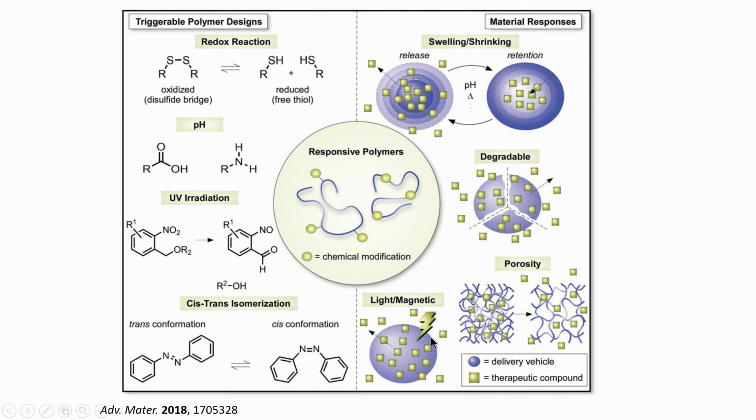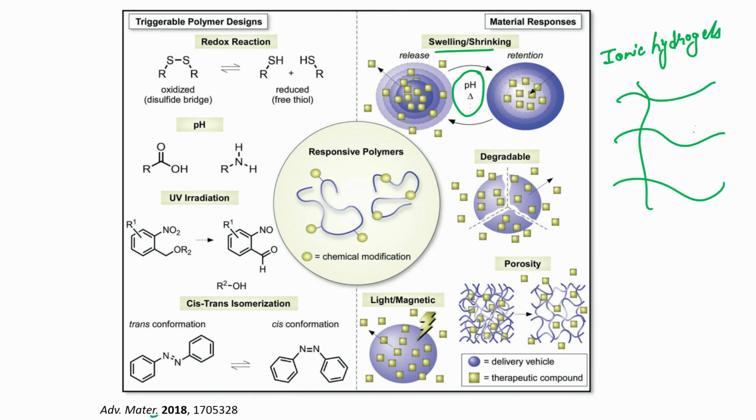Okay, so here's just a figure from a paper from Advanced Materials, and what you are looking at is some responsive systems. So as you can see, we have talked about swelling and shrinking on the basis of pH. So these were through the ionic hydrogels, if you remember, right, and the concept there was you have put in maybe a hydrogel which contains lots of carboxyls.